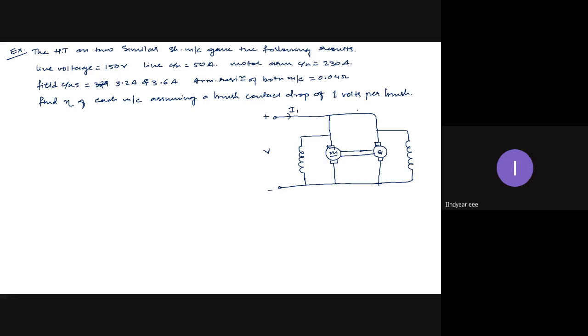So let this be I1. This is I2, I3, I4. This is IAM. This is IAG.